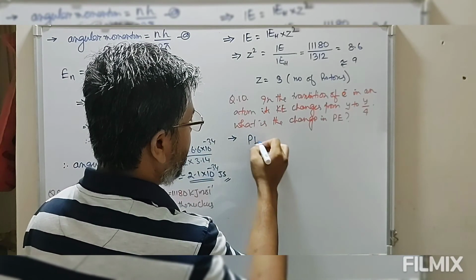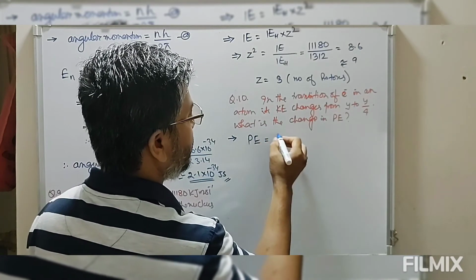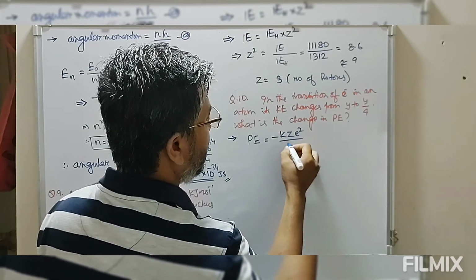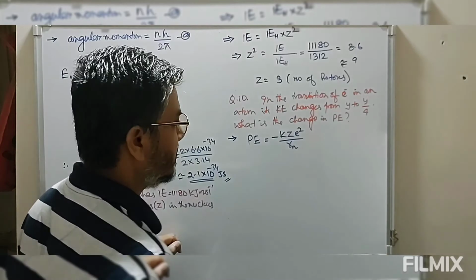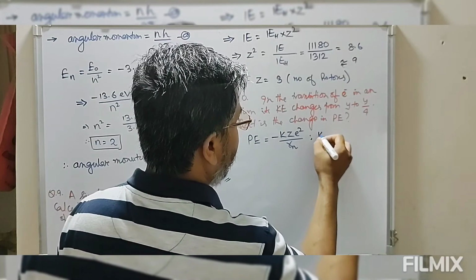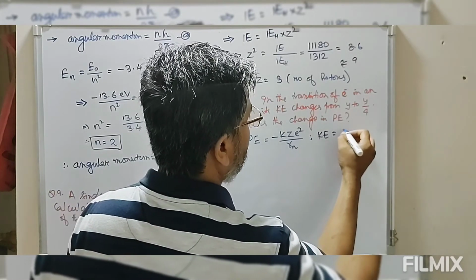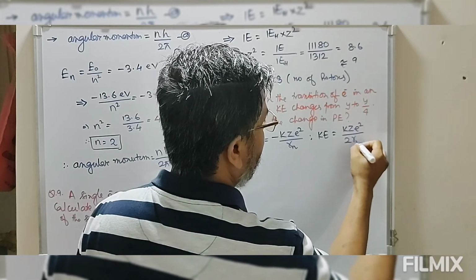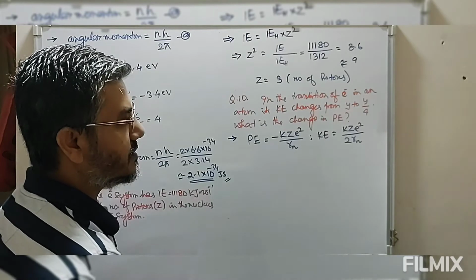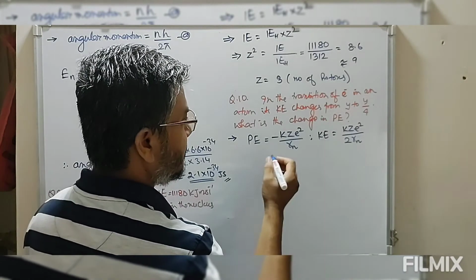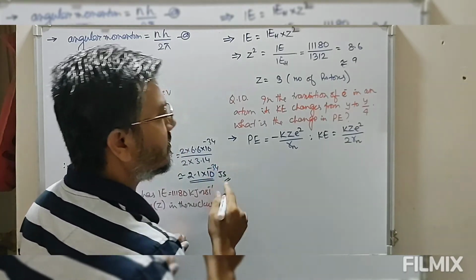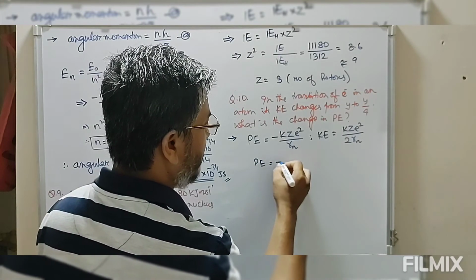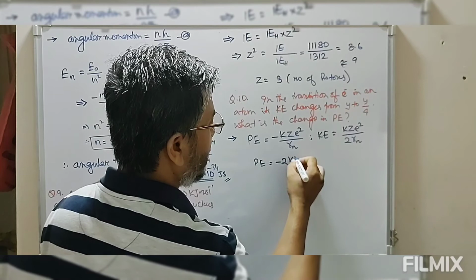As we have discussed earlier, potential energy is equal to minus K Z e square upon Rn, and the kinetic energy is equal to K Z e square divided by 2 times Rn. So the potential energy is equal to minus 2 times the kinetic energy.